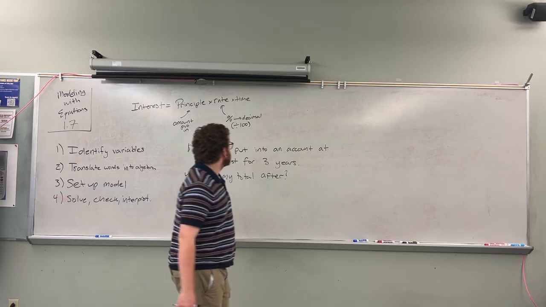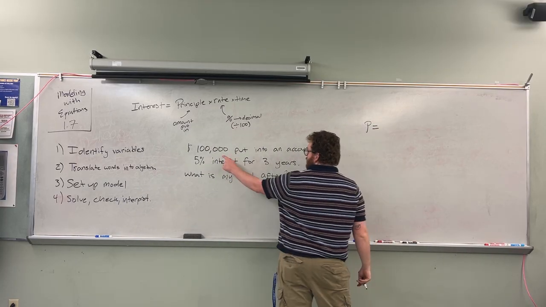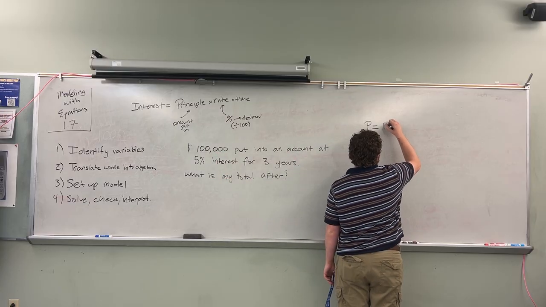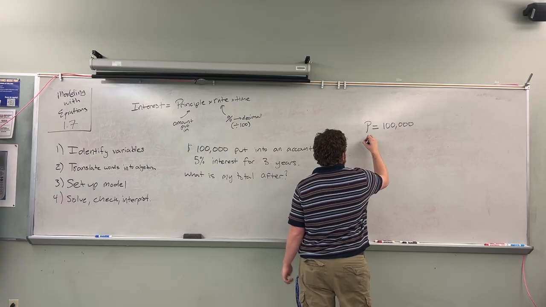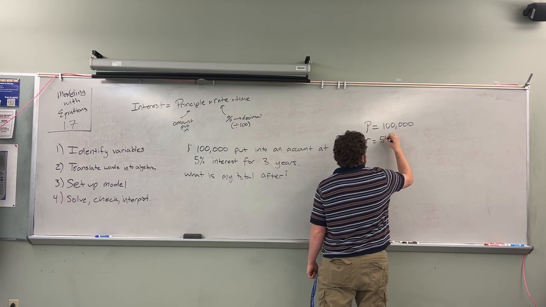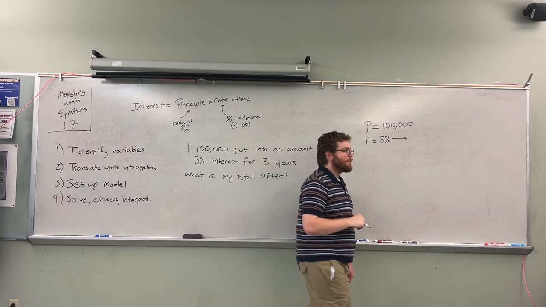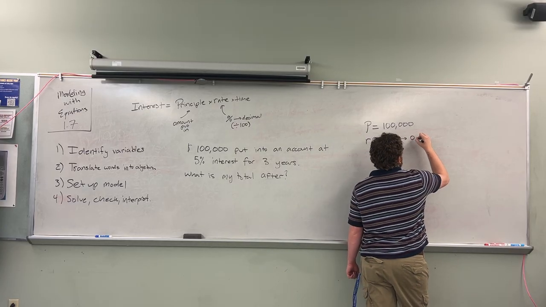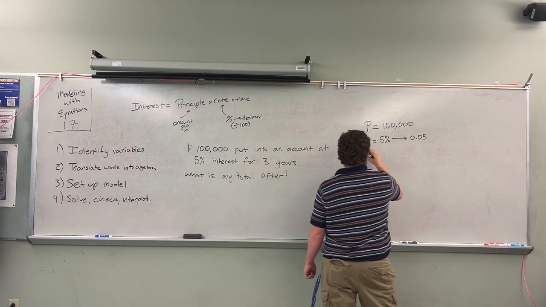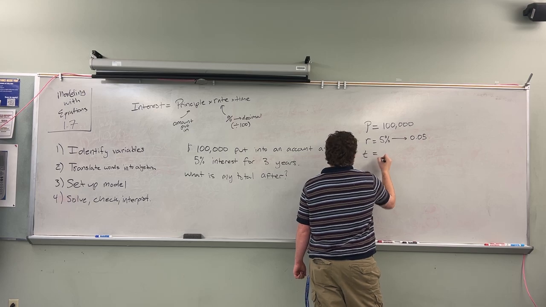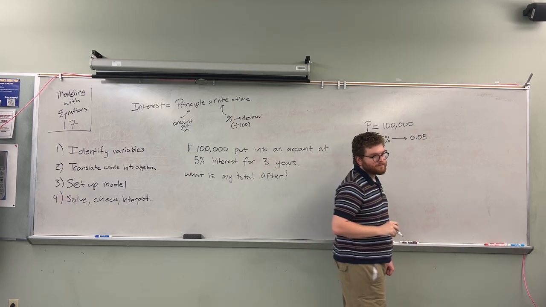So I just write out my stuff. My principal, the amount I put in, is 100,000 here. My rate is 5%, which I want to turn into a decimal by dividing by 100. That will give me 0.05. Then my time, the amount it was in there, is 3 years. So I'm just going to put 3.